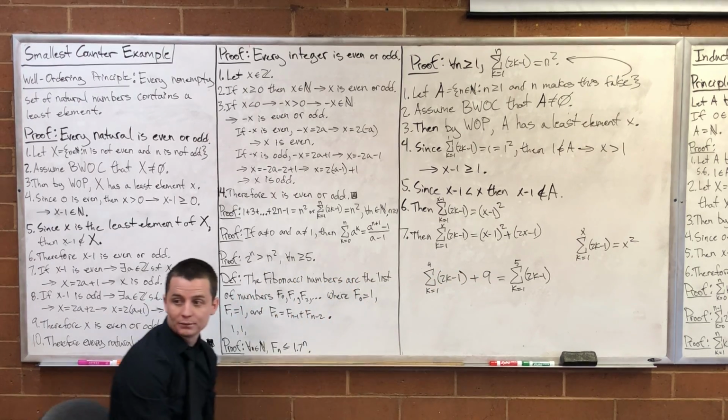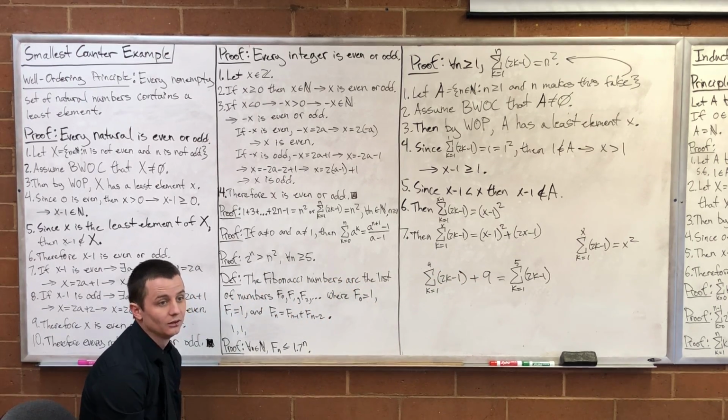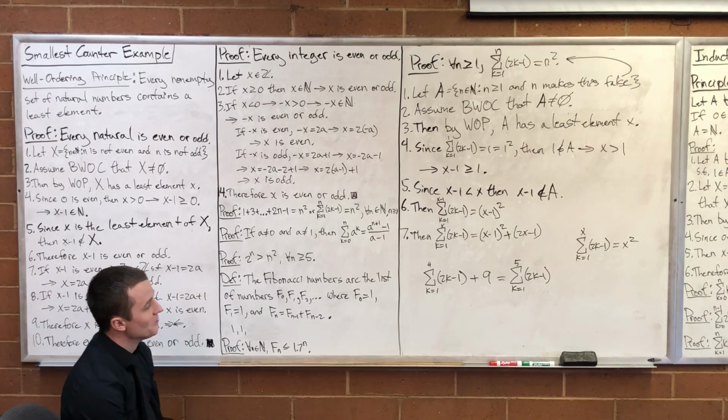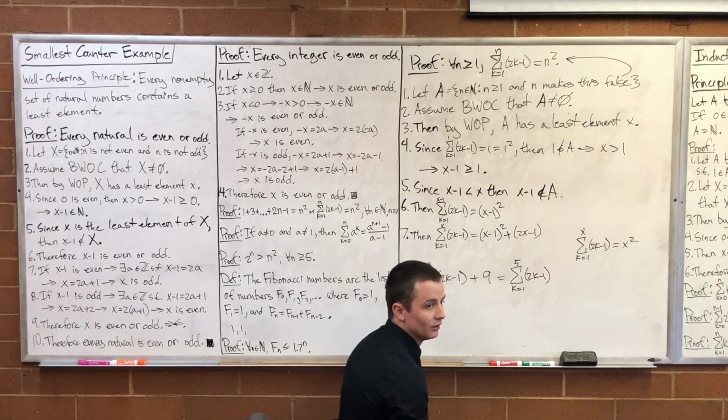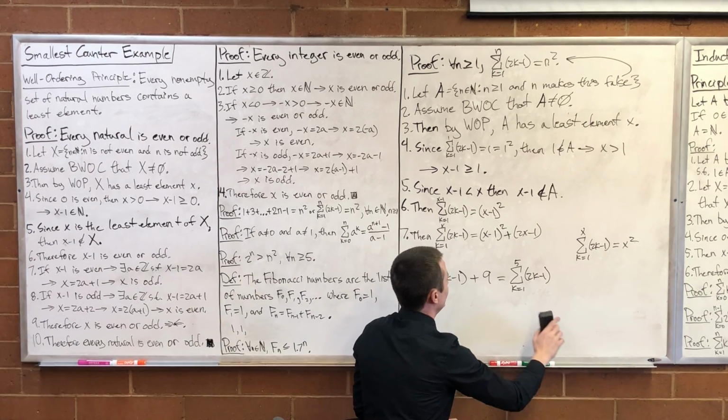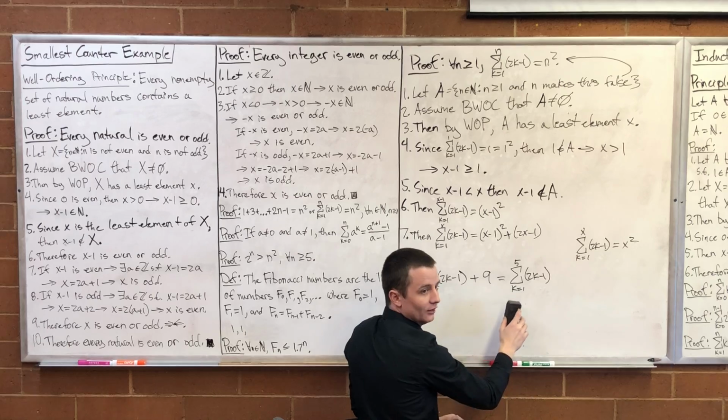Is anyone still lost by that? This is dense. Yeah, I'm completely lost. Okay. It might help if you write it out. How you're doing x minus 1 and then, with your example, you go from 4 to 5.